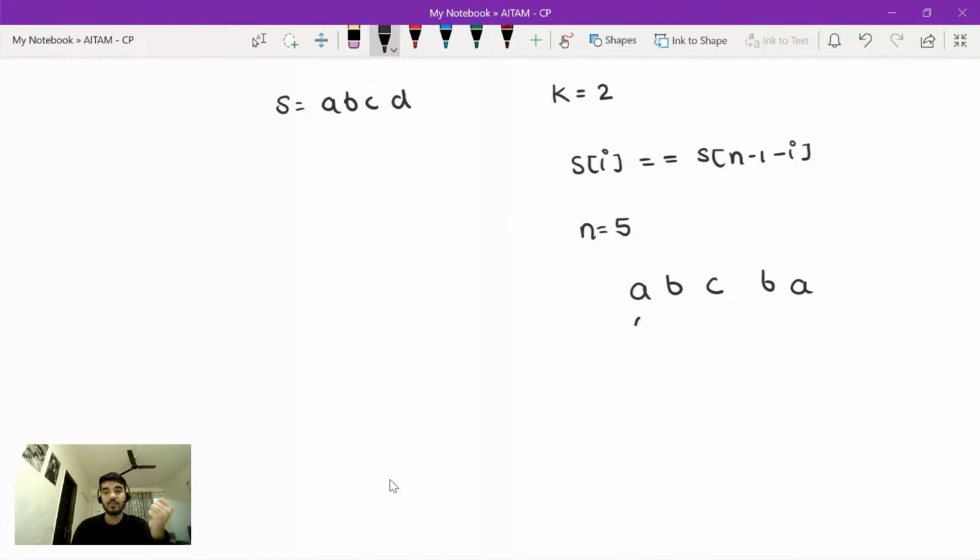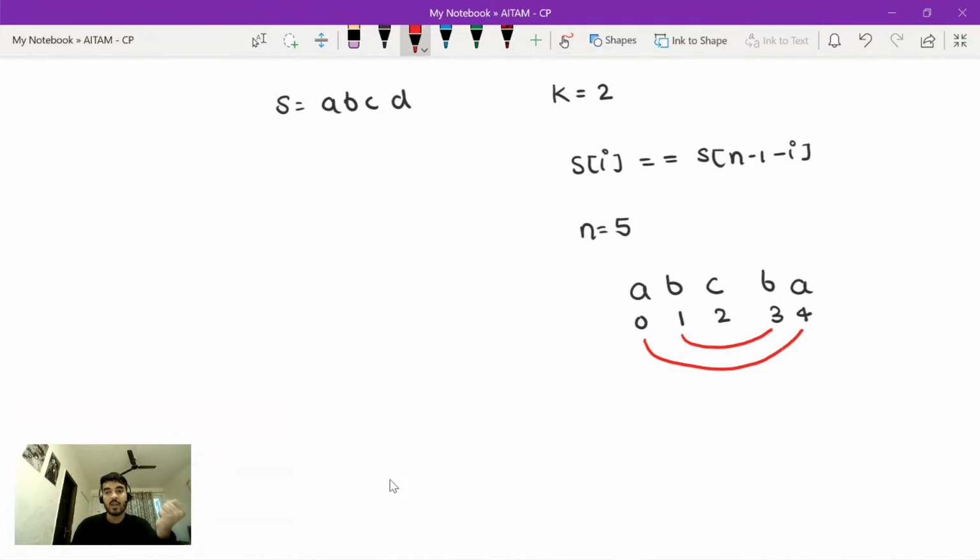Index 0, index 1, index 2, index 3, index 4. For index 0, we have n minus 1 minus 0, which is equal to n minus 1, so we must have the same character at index 4. And for index 1, we must have the same character at index 3: n minus 1 minus 1, so 4 minus 1, which is equal to 3.